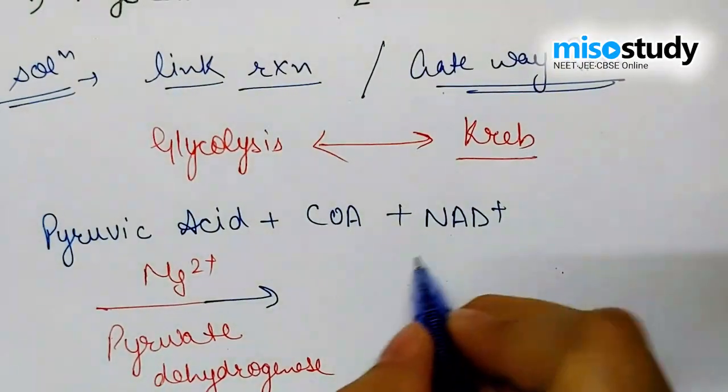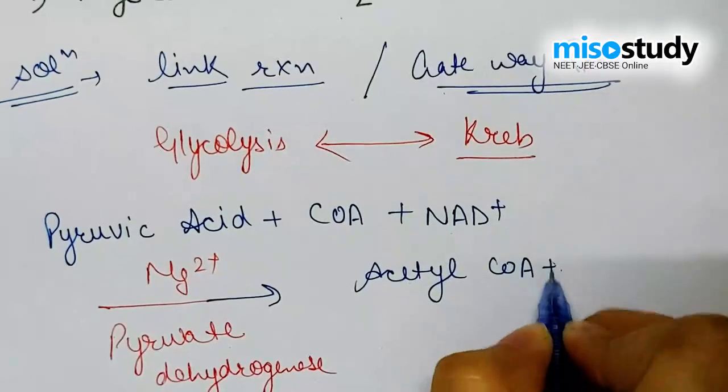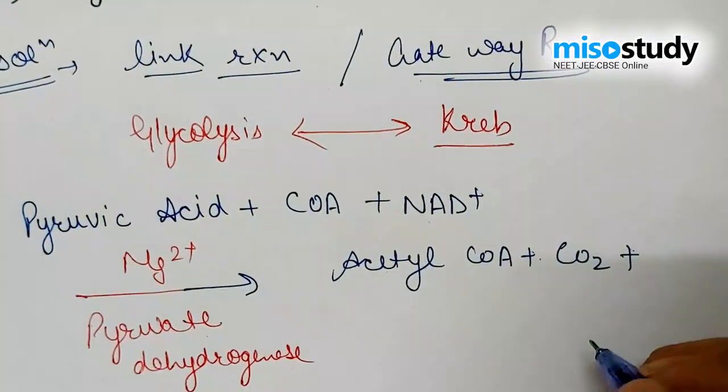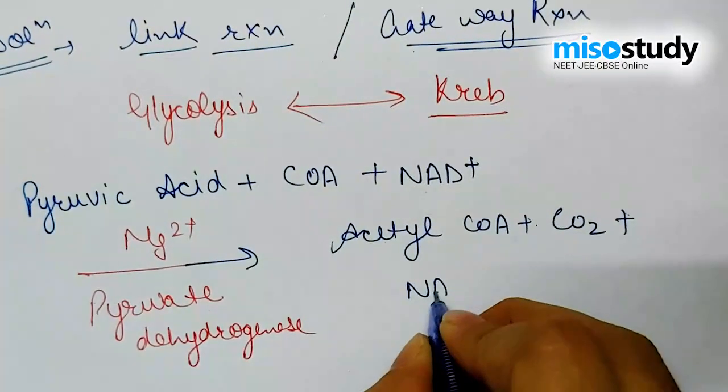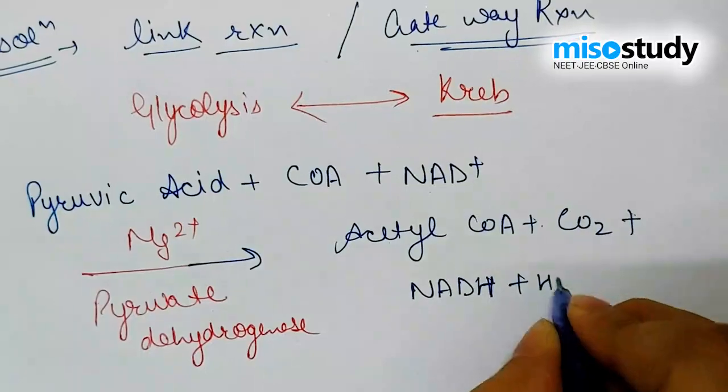The reaction also gives the products acetyl CoA plus carbon dioxide plus NADH plus H+.